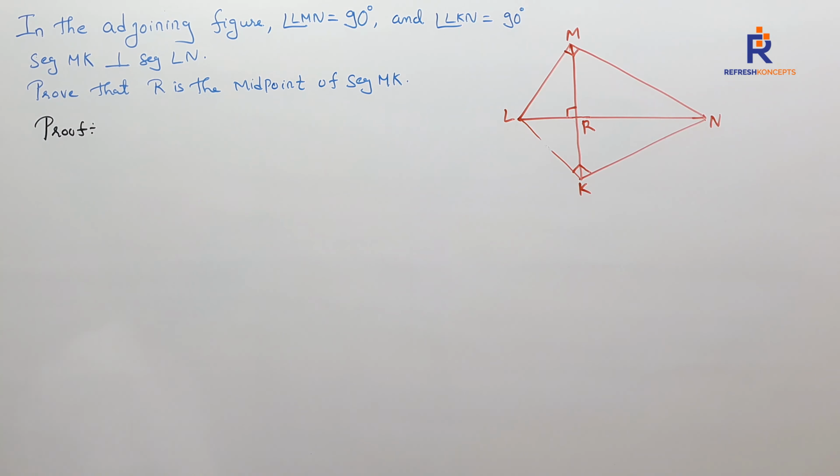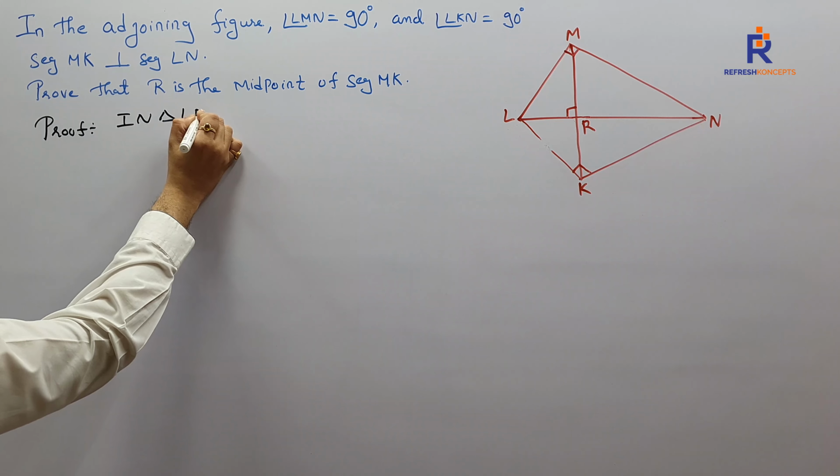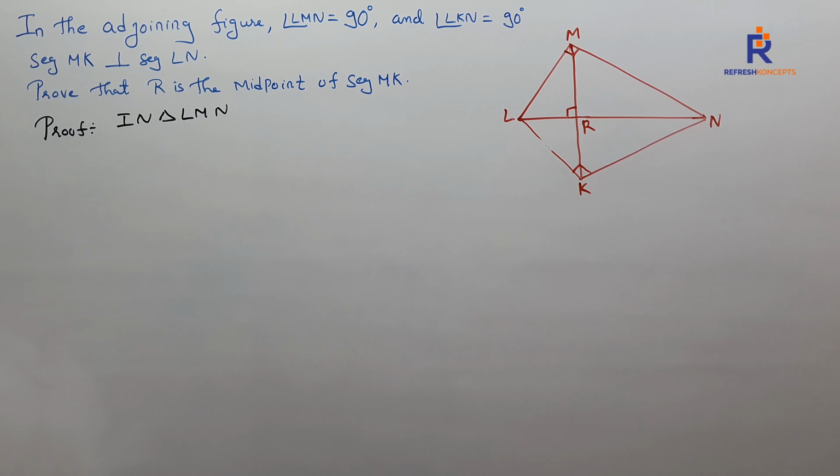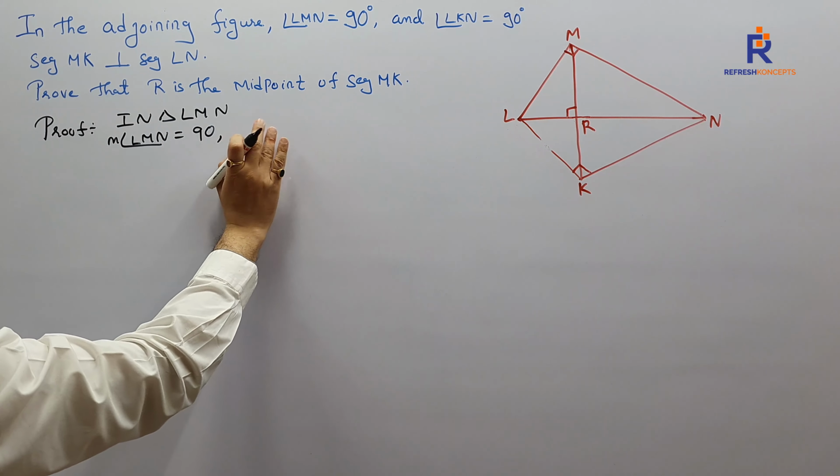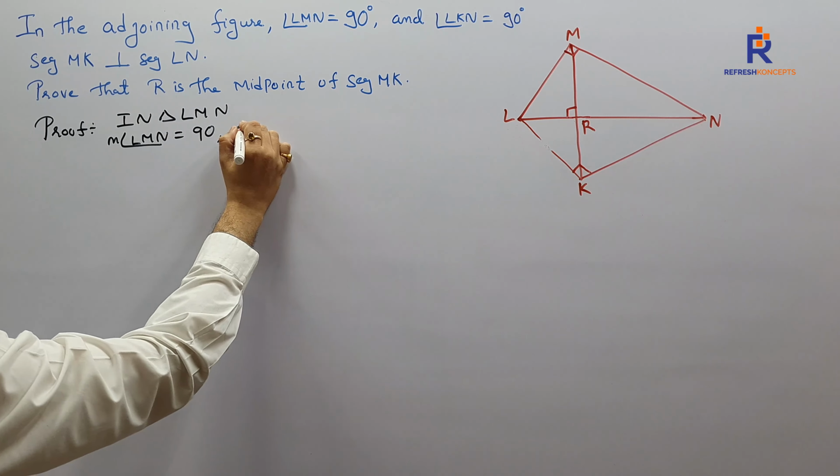In triangle LMN, what is the condition for the geometric mean corollary, GMC in my language? You have to have a right angle, which we have, and from the right angle a perpendicular onto the hypotenuse. So in triangle LMN, measure of angle LMN is 90 degrees, first condition. Next condition, MR perpendicular to LN.